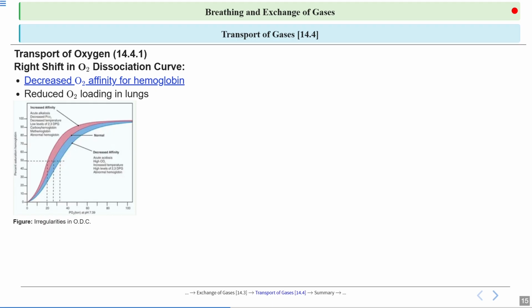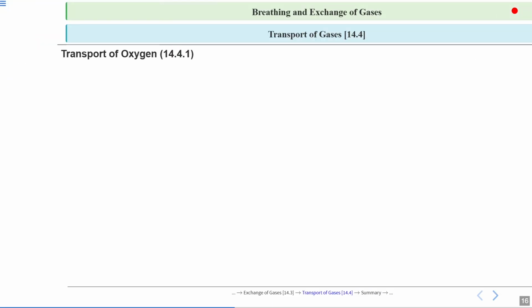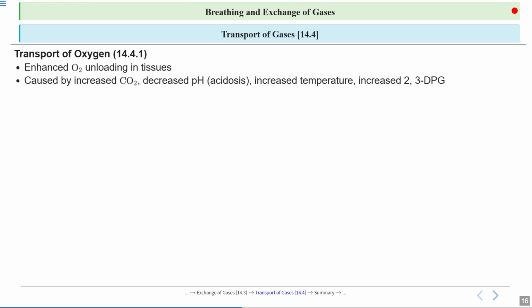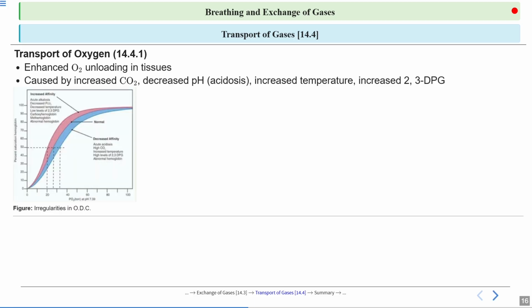Oxygen is not there, so all the hemoglobin will not combine with the oxygen as the oxygen is less present there, right? Enhanced O2 unloading in tissue is caused by increased CO2, decreased pH or acidosis, increased temperature, and increased 2,3 DPG that we have already discussed.